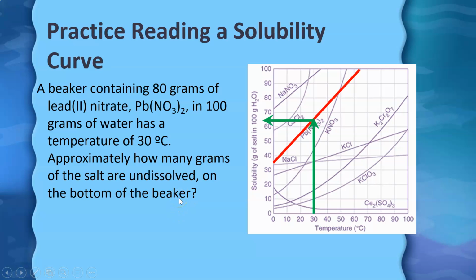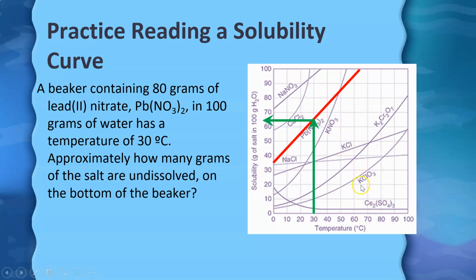So if the solution is full at 65 grams, say, and I put 80 grams in, well, then apparently I must have 80 minus the 65 that are dissolved sitting on the bottom. So I must have about 15 grams sitting on the bottom of my beaker. And so this is the kind of thing I can do with this sort of problem. Or I could read it and I could say, hey, you know, I dissolved it to a saturated solution at 70 C.